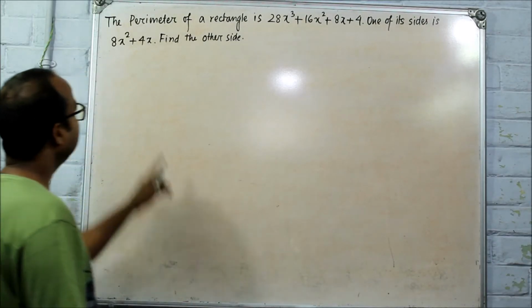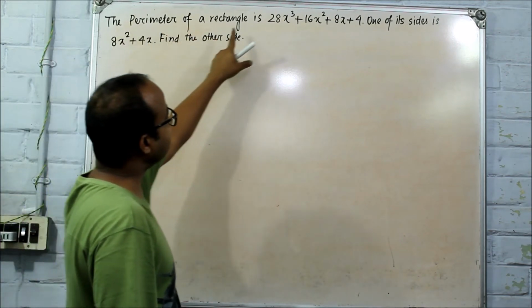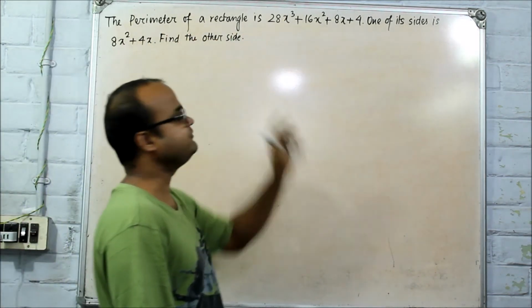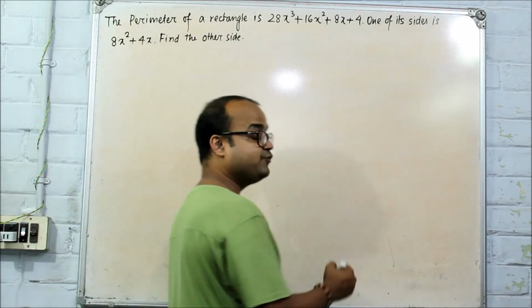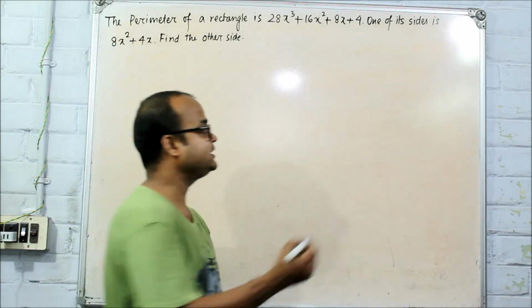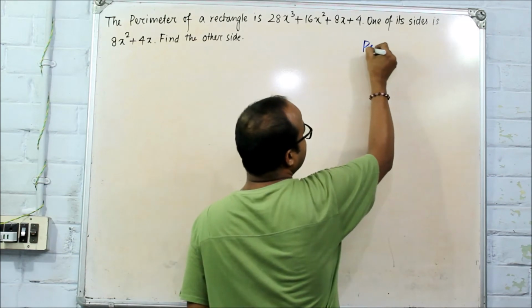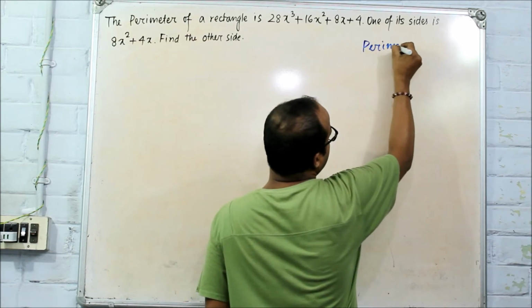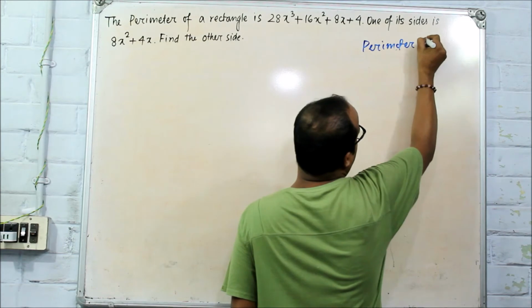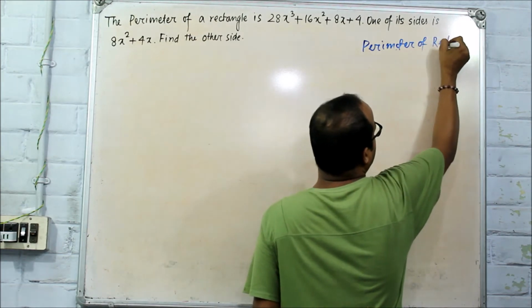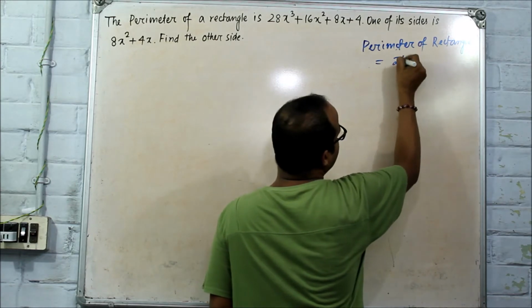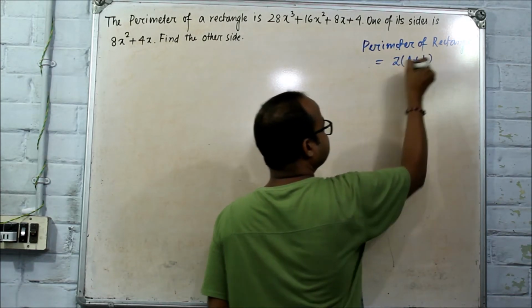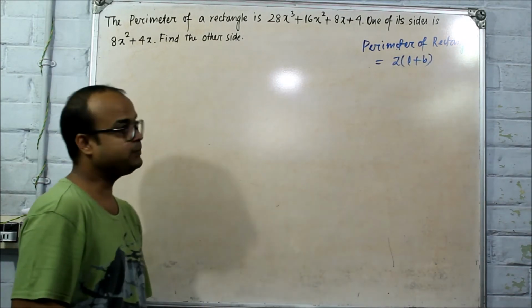Discuss this problem. The perimeter of a rectangle is given to you. So what is the formula of perimeter of a rectangle? Perimeter of rectangle is equal to 2 into length plus breadth.